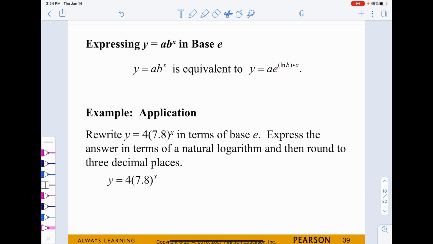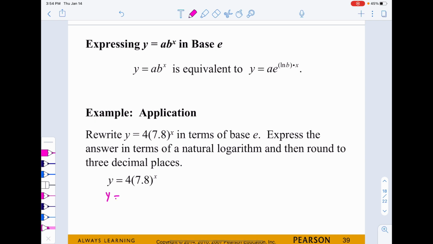It tells us to rewrite y equals 4 times 7.8 to the x in terms of base e, express the answer in terms of a natural logarithm, and then round to 3 decimal places. So if we have y is equal to 4 times 7.8 to the x, that means that we can still have our 4 in the front there.